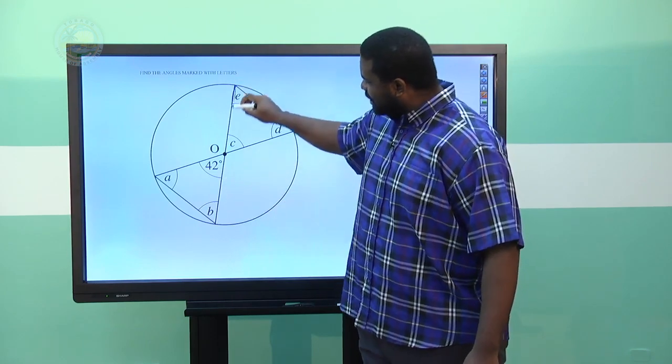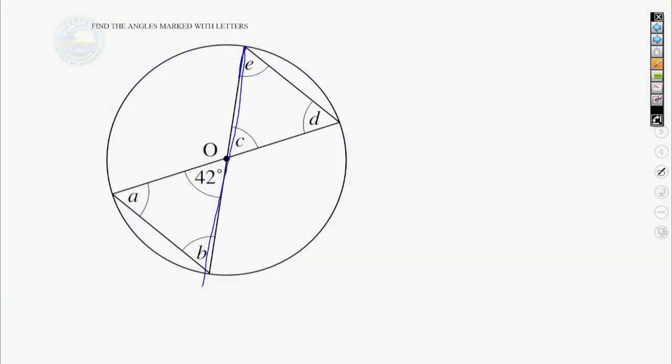And what special line is this? That's a diameter. And here we have another line. And what special line is that? Well, that's another diameter. But what that means is that these two angles are vertically opposite to each other. So it means that C is 42 degrees.